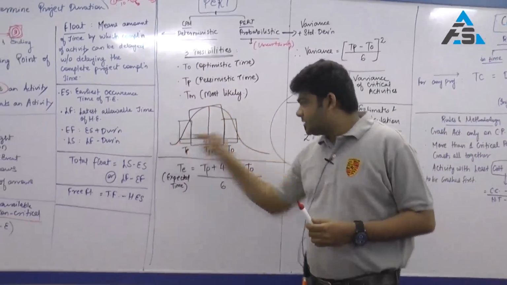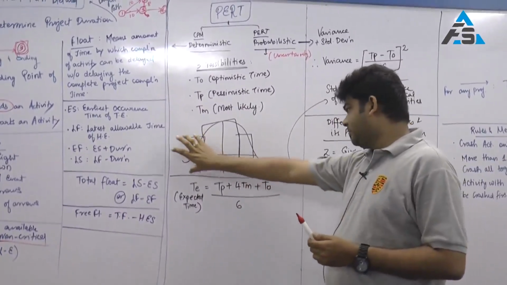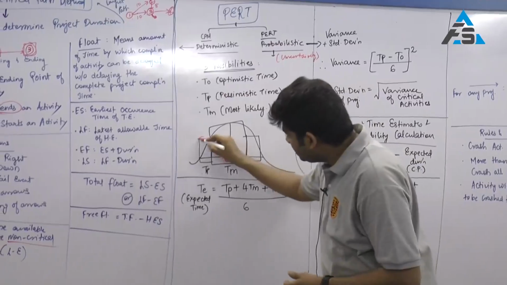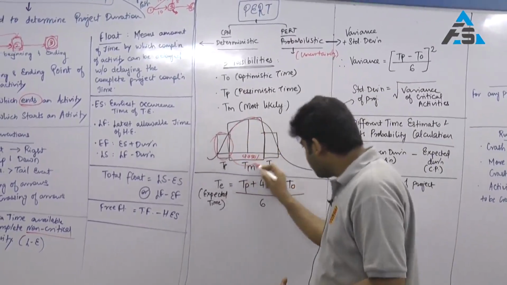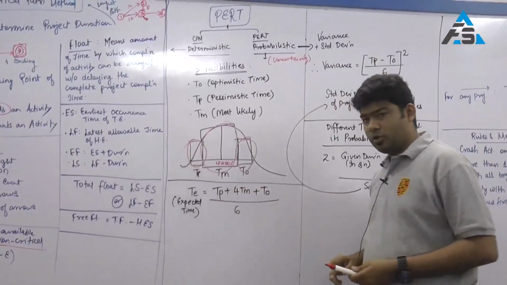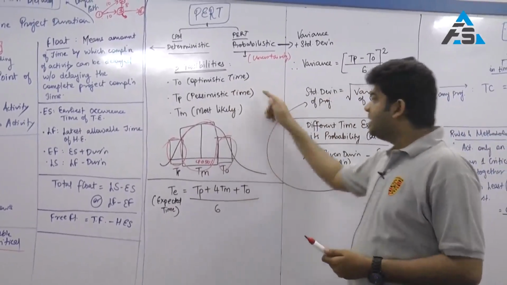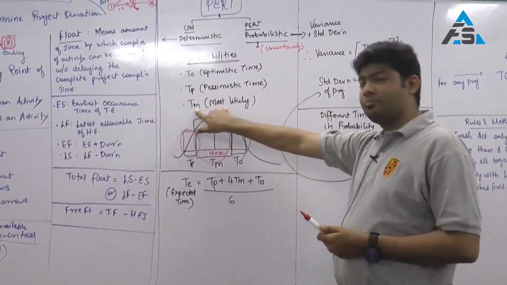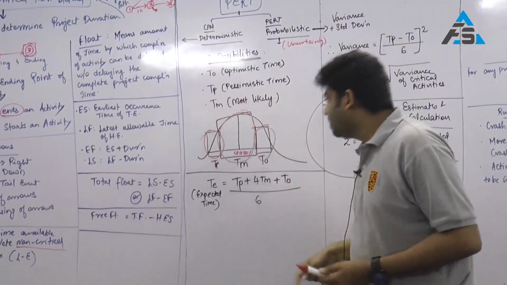If you see this diagram, the probability distribution, normal distribution table, this part will be your TP, this major part will be your TM, and this part will be your TO. Obviously, optimistic time, the best time that I can complete in. Pessimistic time, the latest I can complete that activity. And TM, most likely, what is the best chance that I will be completing.